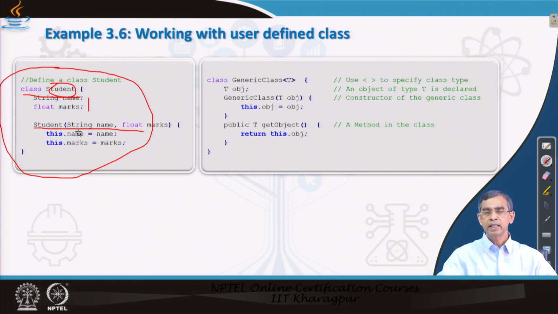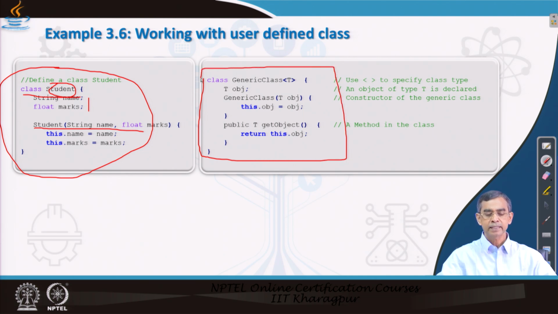So, this is a user defined data type, student, and this is the similar concept for declaring a class as a generic class. Generic class T is the template, that means it can hold any type, integer, double, string as in the earlier case. At the same time we want to show that this also works for this type of data, that means this template T can also hold student.